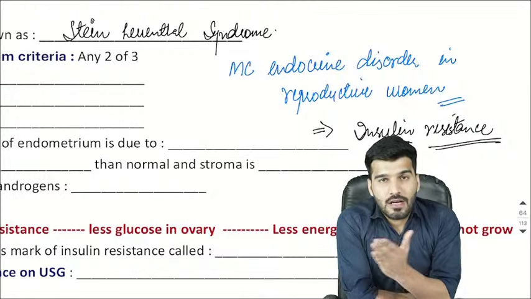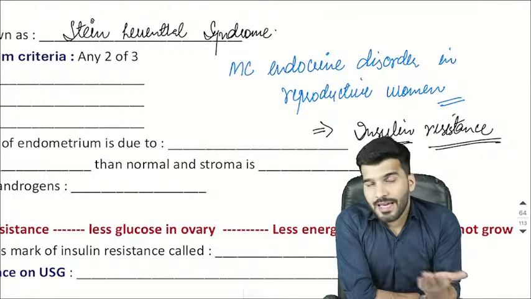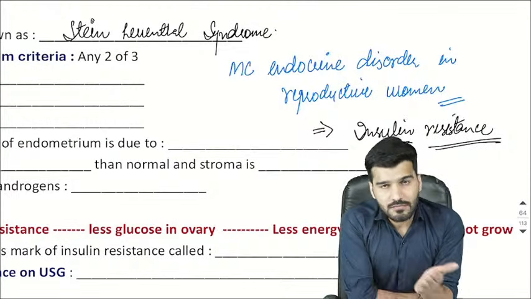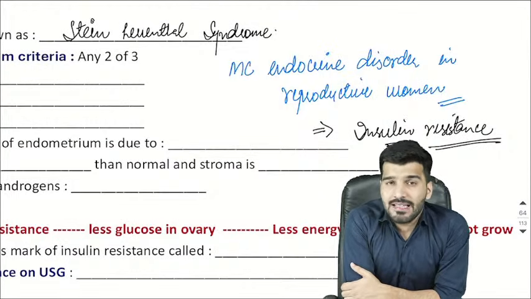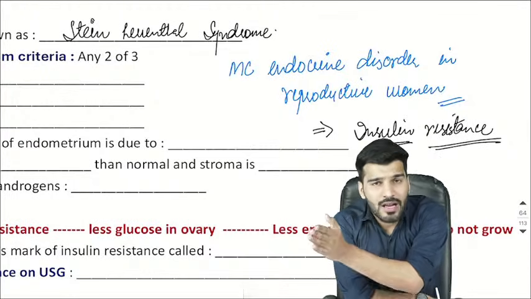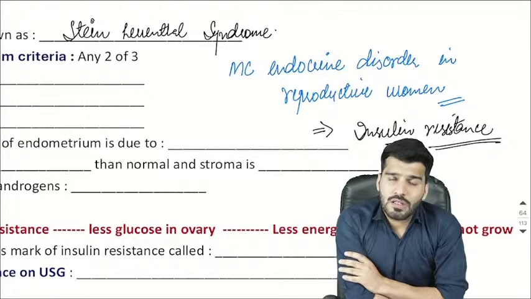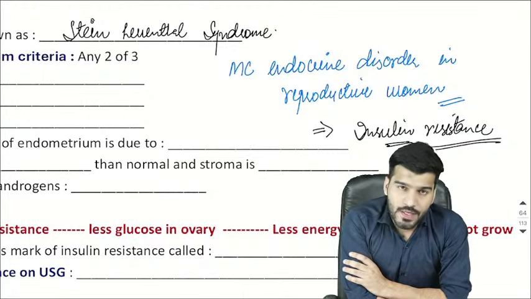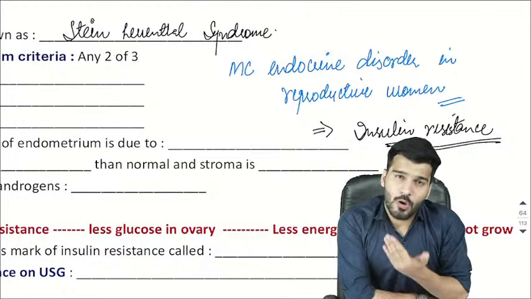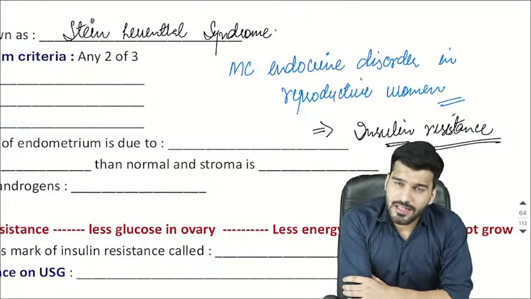Due to the abnormal folliculogenesis, there will be anovulation, and due to hyperandrogenism, there is going to be acne and hirsutism. So acne, hirsutism, amenorrhea, infertility are all features of PMOS. And the reasons for this insulin resistance are sedentary lifestyle, obesity, and other genetic factors as well.